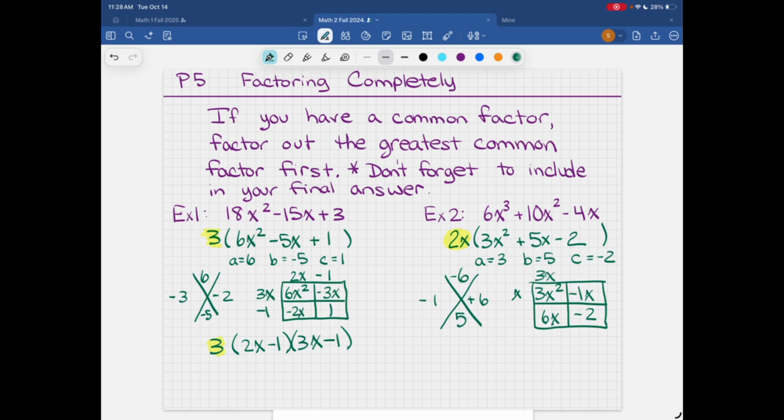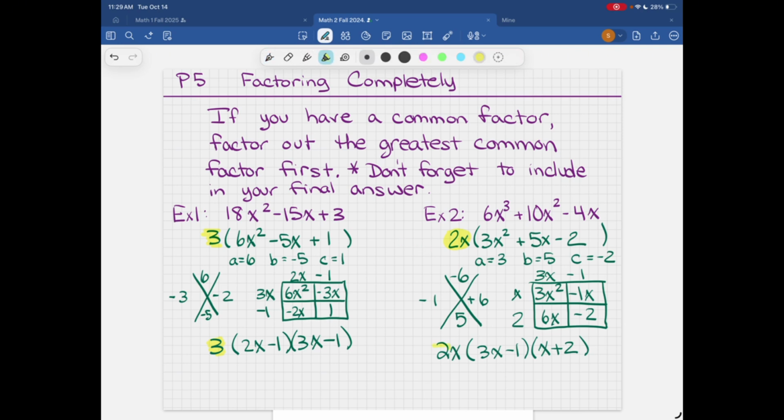Well, that's 3x. x times negative 1 is going to give me negative 1x. Looking to my bottom, I have 3x times the number 2 will give me 6x. And does 2 times negative 1 equal negative 2? Yes, it does. So when I'm looking just at the box, I have 3x take away 1 times the quantity x plus 2.